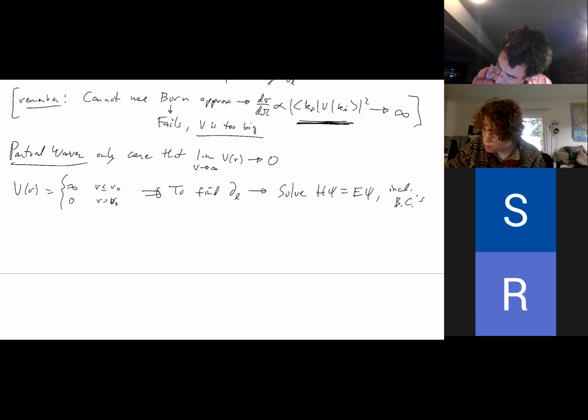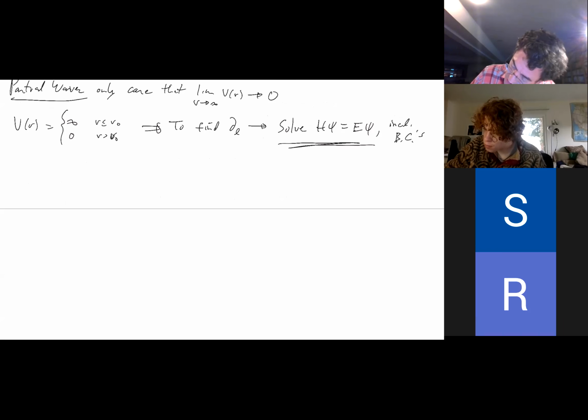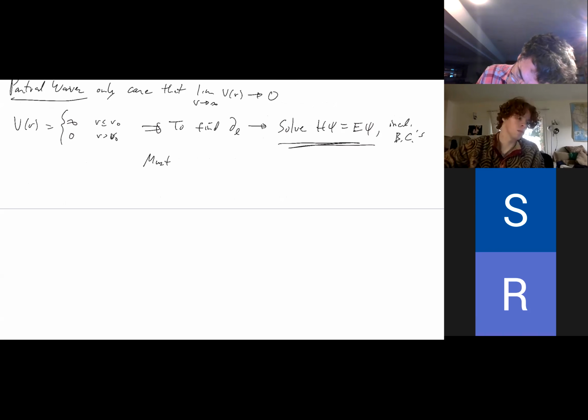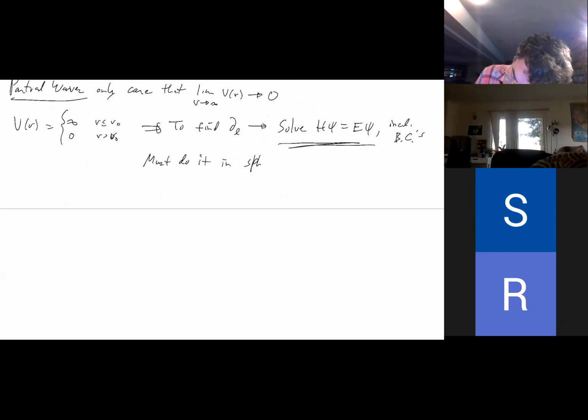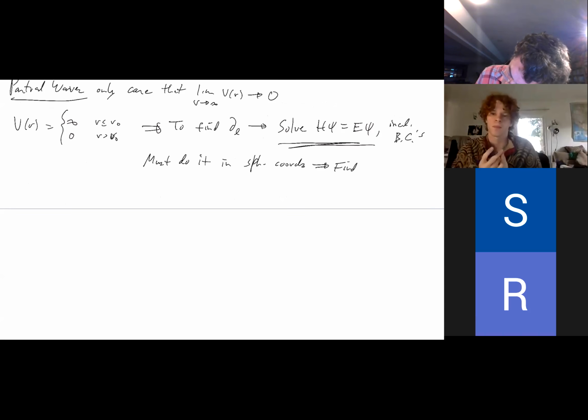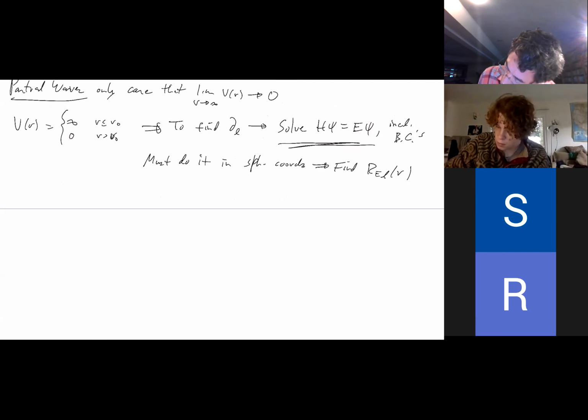So that's what we have to do now. And we must do it in spherical coordinates. And then we have to find R sub l of r, the radial component, right?